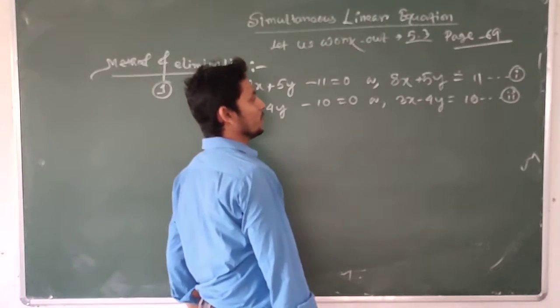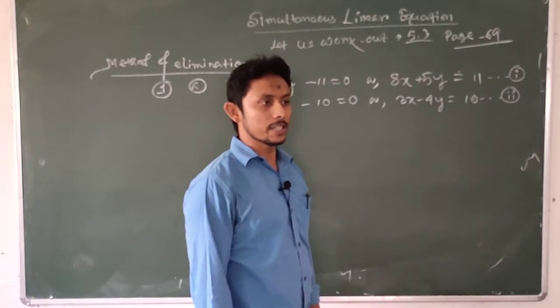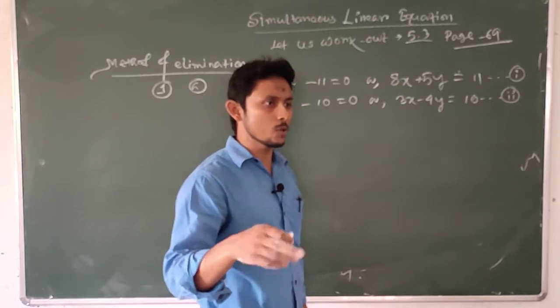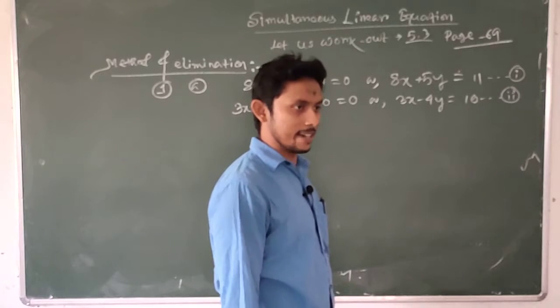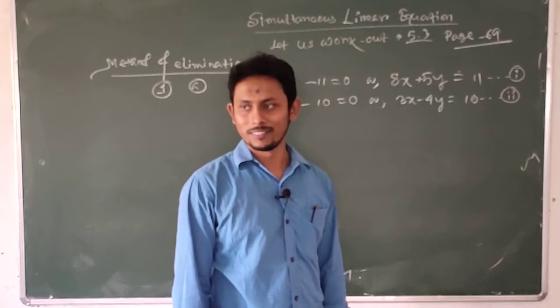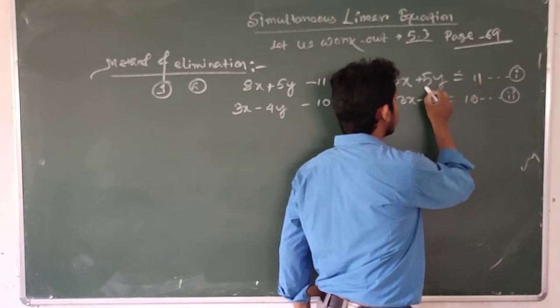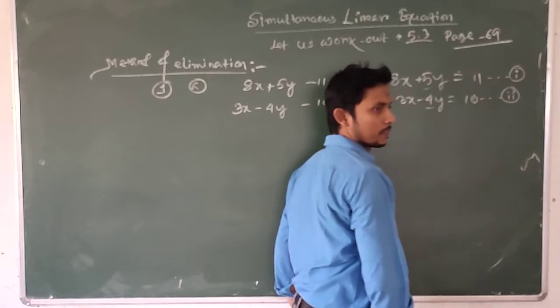Okay, good. So now look at here, how to remove x or y. We can remove x also, we can remove y also, right? But how? If we are removing y, there is 5 and there is 4.